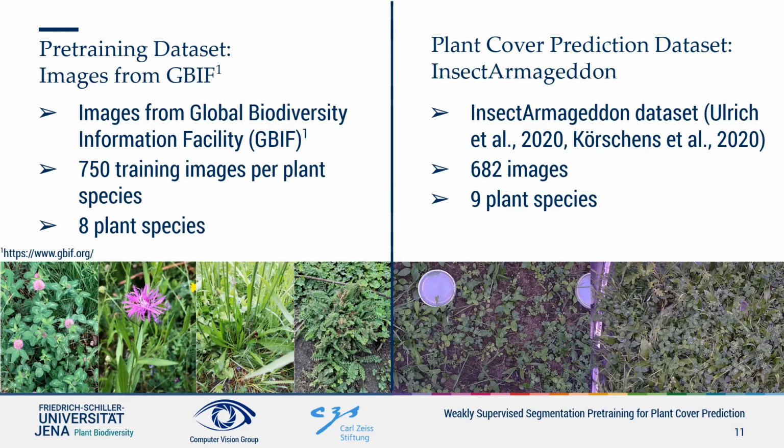The dataset you can see on the right side is our actual target dataset, which is called the InsectArmageddon dataset, named after the eponymous project, which took place in 2018. So this dataset was already analyzed and several analyses published in the last year. And of this dataset, we utilized 682 images of 9 different plant species.